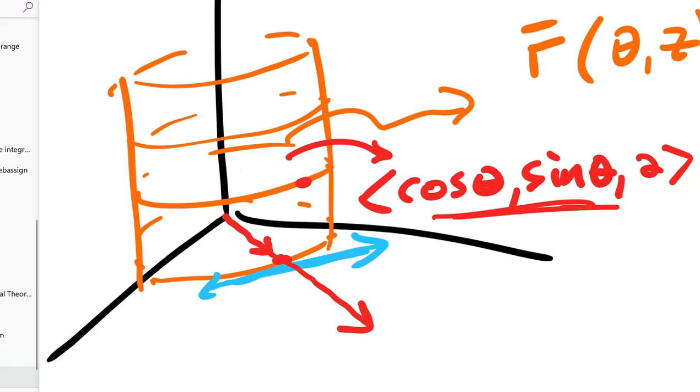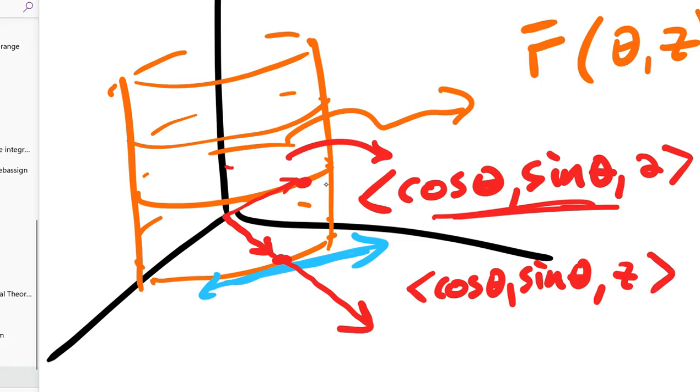So you have your vector that goes like this, and that would be cosine theta, sine theta, and then z.